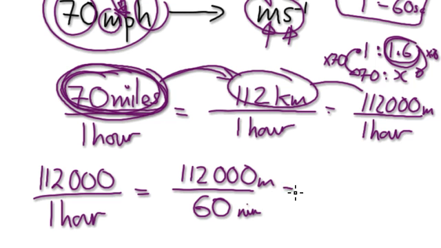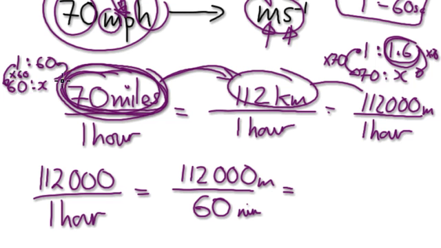Okay, and well, how many seconds are there in 60 minutes? Well, if one minute equals 60 seconds, then now you've got 60 minutes, so how many seconds is that? To get from 1 to 60, you would times 60 here.